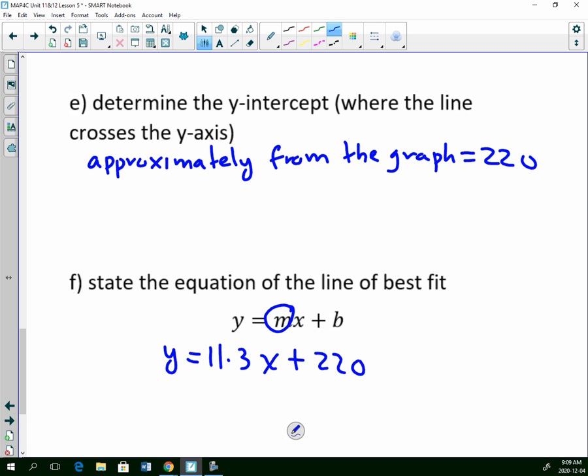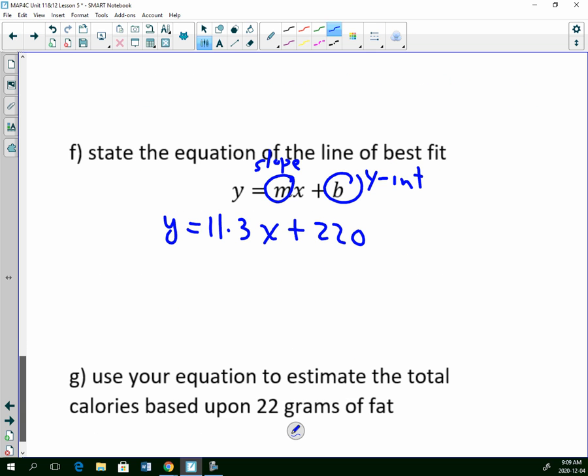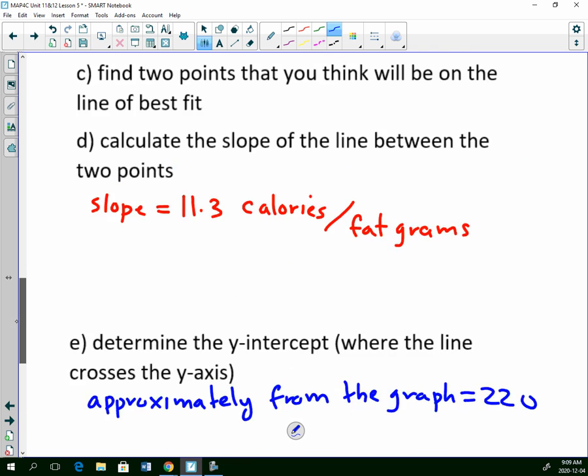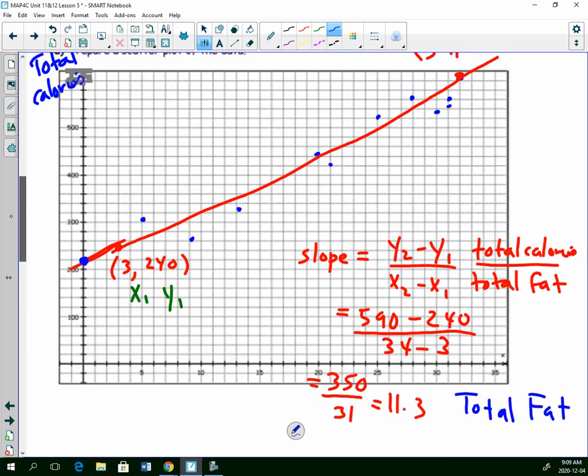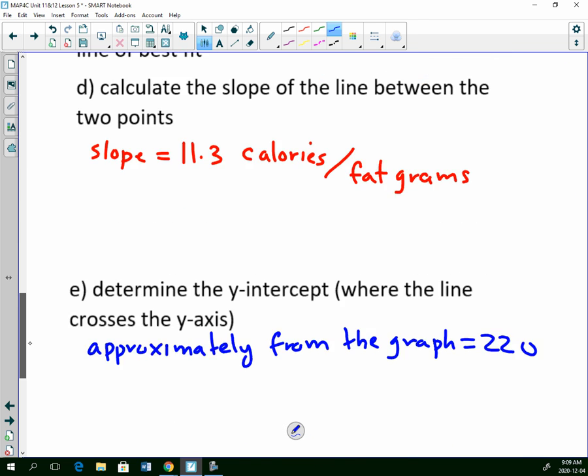So this is my slope. This is my y-intercept. You could measure it. You could figure it out algebraically. So we could say that we know the slope is 11.3, and we could pick one of our points that we used. So either 3,240 or 34,590, because they're both on the line.